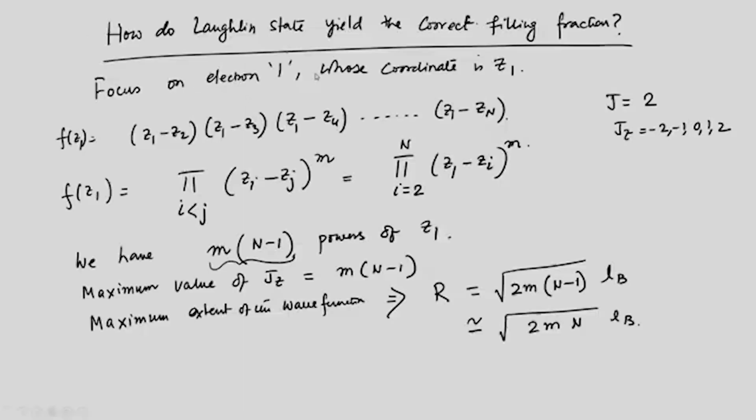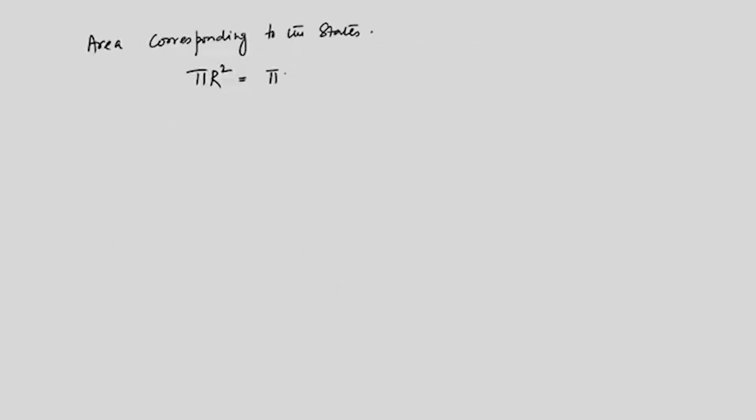All right. So, the area covered by the states, the eigenfunctions, is given by pi r squared, which is pi into 2mn LB squared.